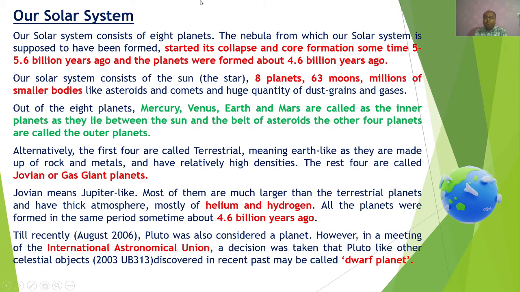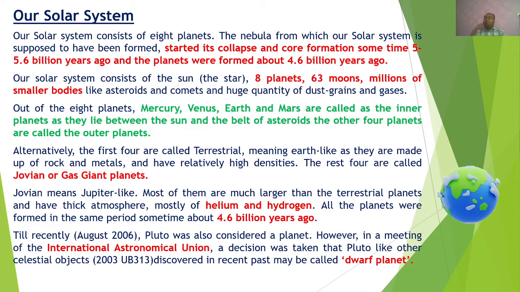The nebula from which our solar system is supposed to have been formed started its collapse and core formation sometime 5 to 5.6 billion years ago, and the planets were formed about 4.6 billion years ago. So when our solar system was forming, the initial father star is our Sun, our present day Sun.